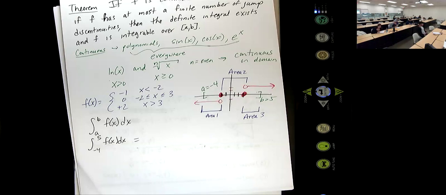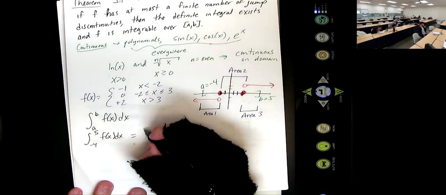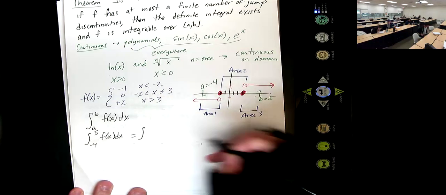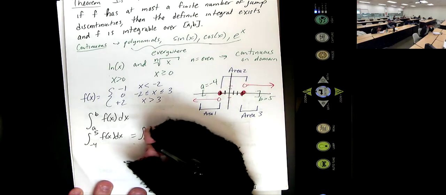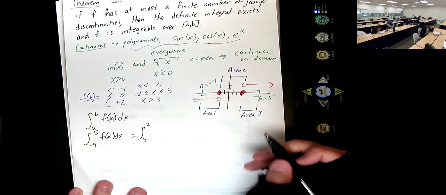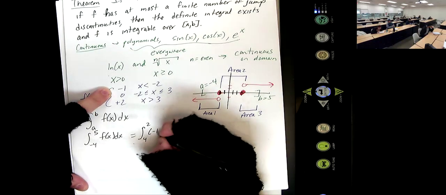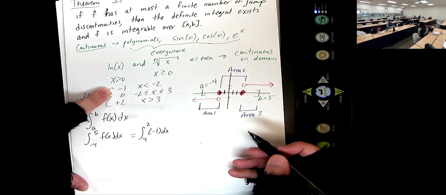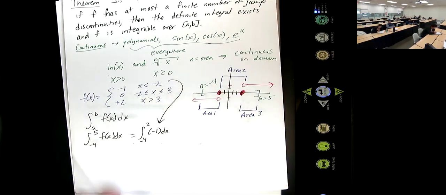So this allows us, and this is one of the first properties that we're gonna have and show, to treat this as adding up the 3 areas. We're gonna go from -4 to -2, and f of x equals -1 on that region.